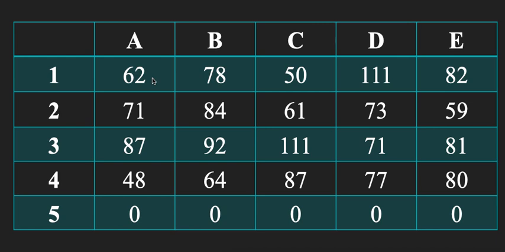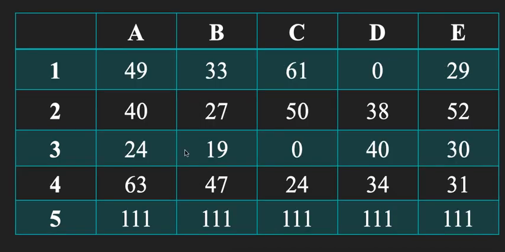Then 111 minus 50, we get 61, and we continue this for all the elements. So we deduct all these profits from this highest profit. Why are we doing it? Because we have to convert this profit matrix into a loss matrix. Now this is our loss matrix.